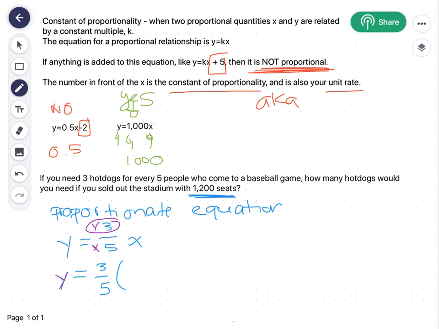So x, right, x on the top, x was 5, that's the number of people, so x is still talking about people. So the number of people we have in this one is 1,200. Okay, so the number of hot dogs we need is equal to 3/5 times the number of people who are going to be there, so 3/5 times 1,200.